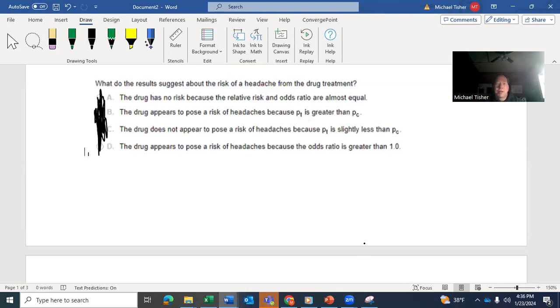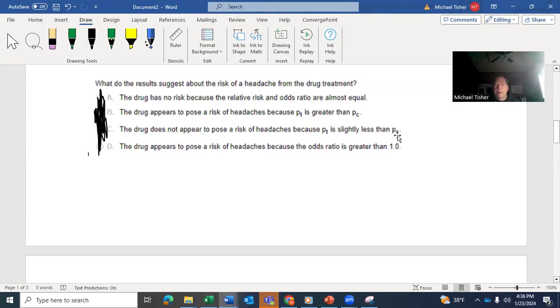In order to see whether or not we have a risk of headache from the drug treatment, we really want to compare PT with PC. Remember, PT is for the drug treatment. If the probability for PT is higher than the probability for PC, then we have a higher probability to get a headache with the drug treatment than with the placebo.